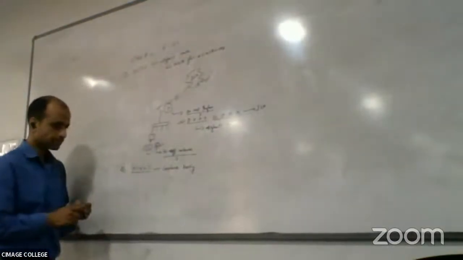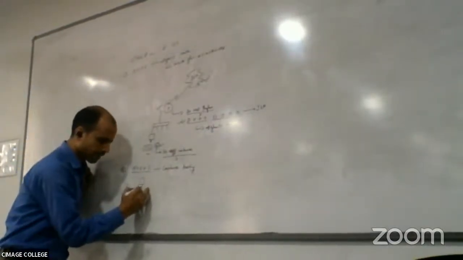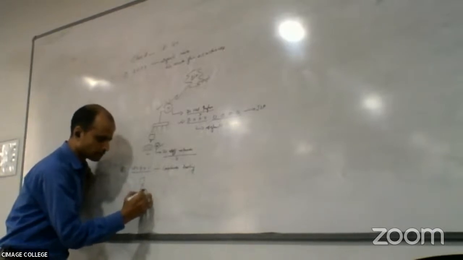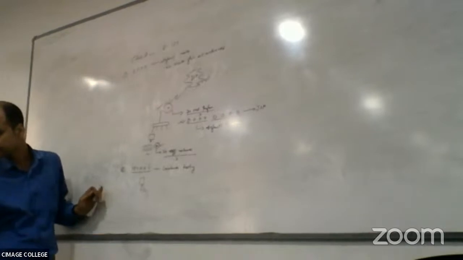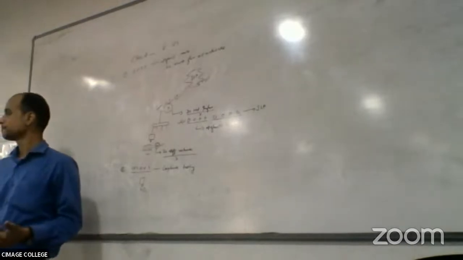Suppose we have a PC and in this PC there is a NIC. Now you all can understand what is a NIC. NIC means? Network interface card, to connect to the network.